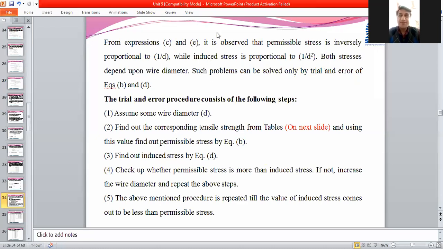Any question? Let me know if you have any question related to these 5 steps and the discussion we have done regarding the ultimate tensile strength and shear stress, which depends upon the diameter of wire. Any question?